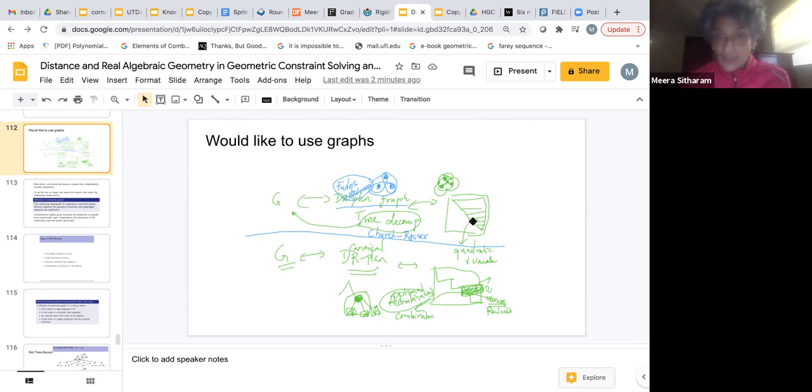If the size of the block is constant, independent of the number of vertices of your original graph or the size of your original polynomial system, where the number of equations was the number of edges in the graph and the number of variables was some d times the number of vertices in the graph, then you're home free.